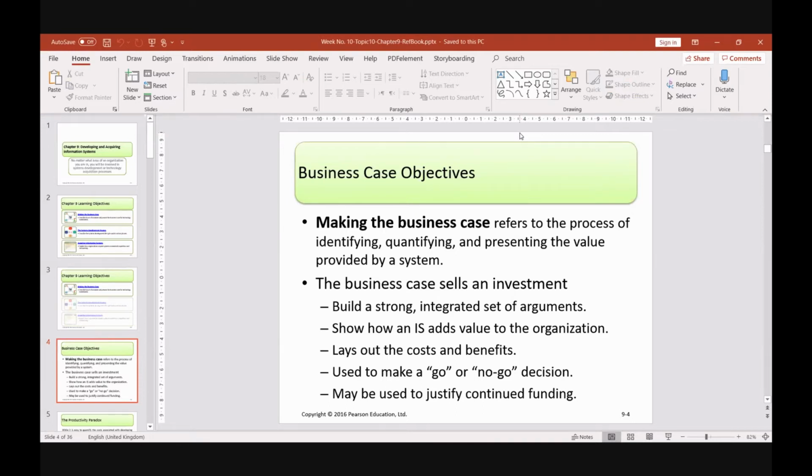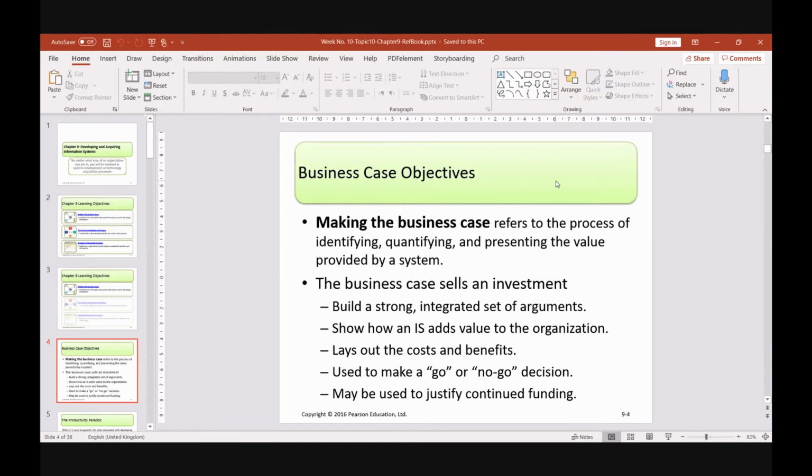Okay. So a business case is like presenting a case in court, a lawyer presenting a case. In a presentation, you are presenting a case. It means showing the problem and discussing the solution, how to solve that problem.